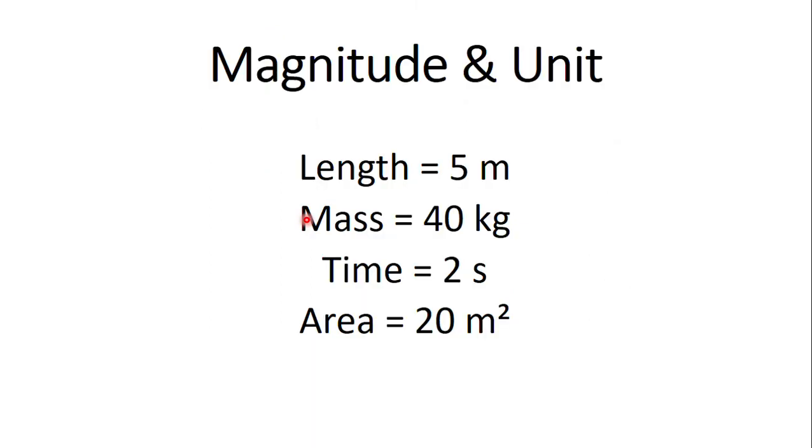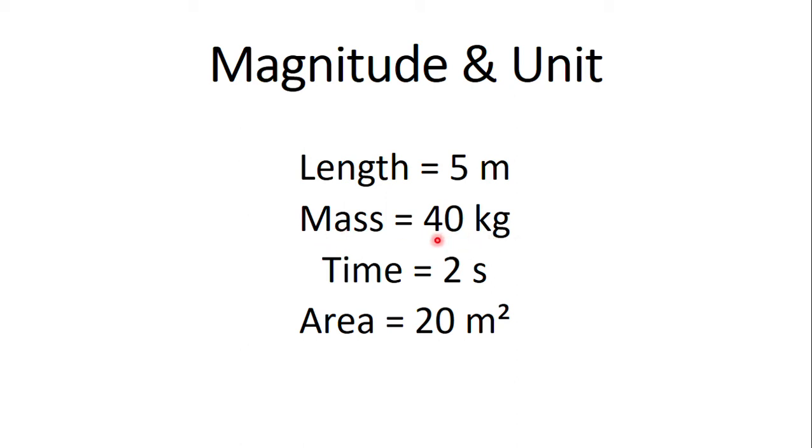So any physical quantity that you measure has two parts. The first part is a magnitude and the second part is a unit. So when you measure the length and you express it as 5 meter, 5 is the magnitude or the value and meter is the unit. So 5 times the 1 meter. And when you write mass of an object as 40 kg, it has got two parts.